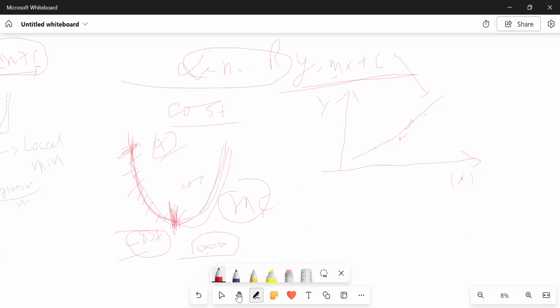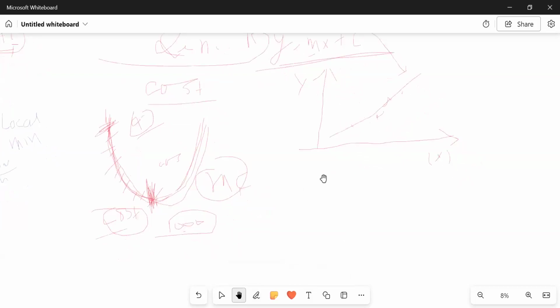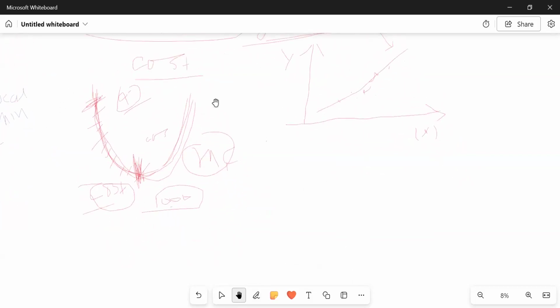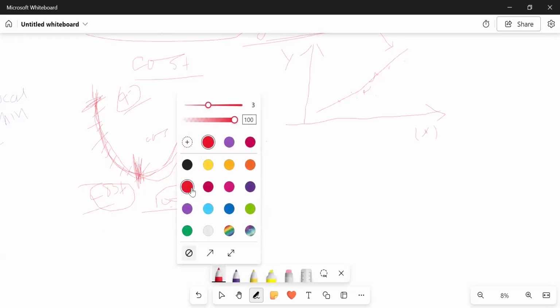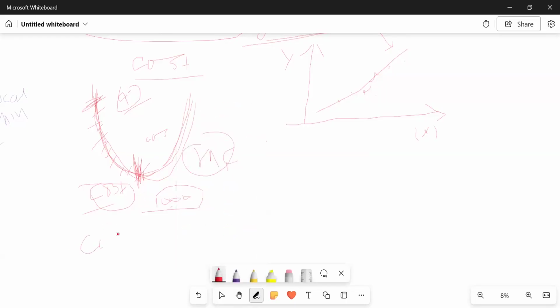Okay, so for that, what I will do, because this gradient descent formula is giving you two things. One thing, it is giving you the cost function. What is the cost function value for every iteration? For iteration 1, what is the cost function value? For iteration 2, iteration 3, like this.